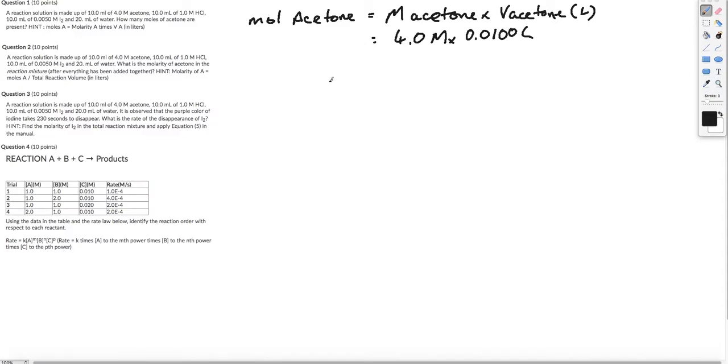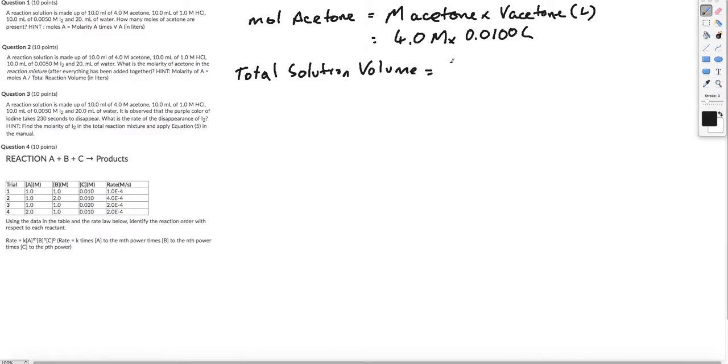And question 2, you're looking for the molarity of acetone in the reaction mixture. That's once everything is added together. And you've got to remember that this is going to be a total solution. Total solution volume includes everything.